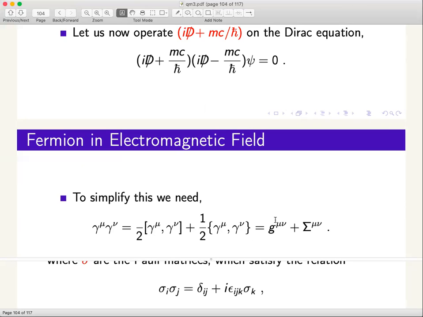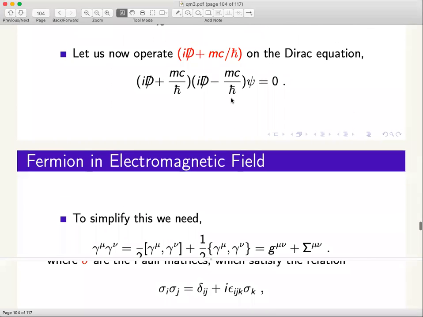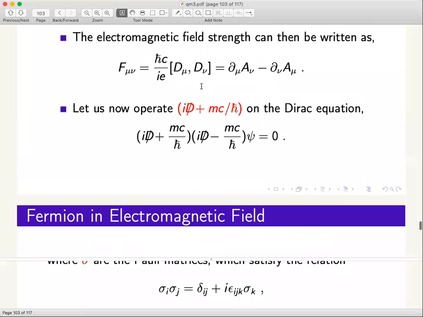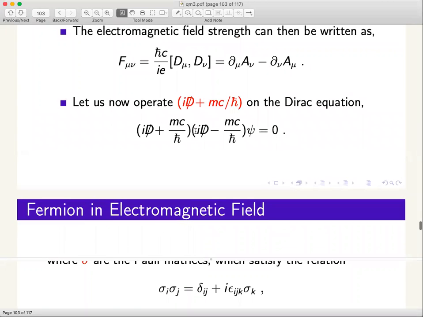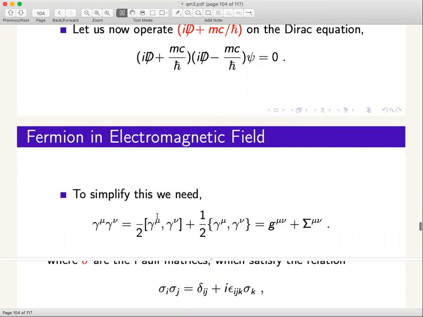Therefore you get a piece which is d mu squared, basically with a factor of half. On the other hand, the piece multiplying the gamma commutator is a commutator of d mu with d nu. We know what the commutator of d mu with d nu is, that is f mu nu. We also know the commutator of gamma mu with gamma nu is sigma mu nu.